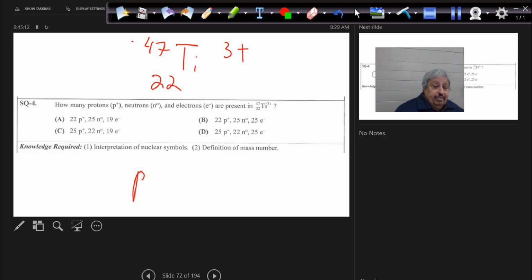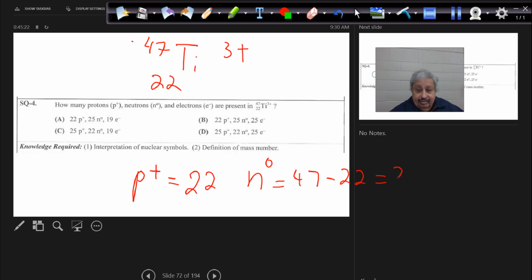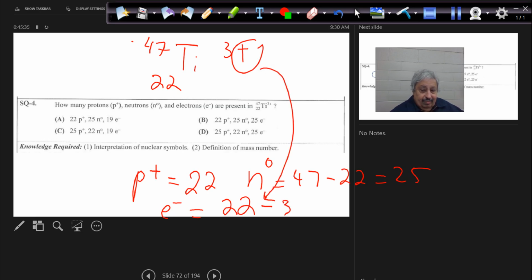So protons, how many here? 22. Neutrons, how many? 25. Now this is the problem with the charge. Electrons, it is positive, that means 22 minus 3, correct?